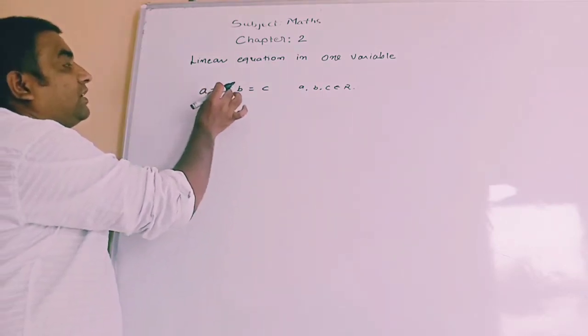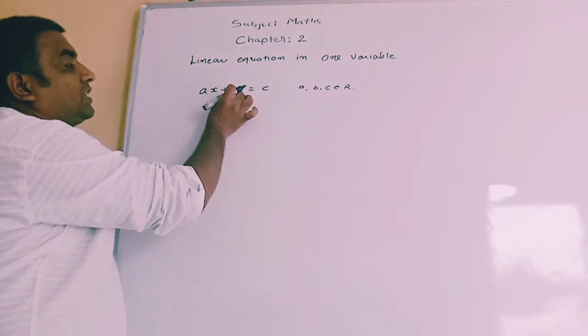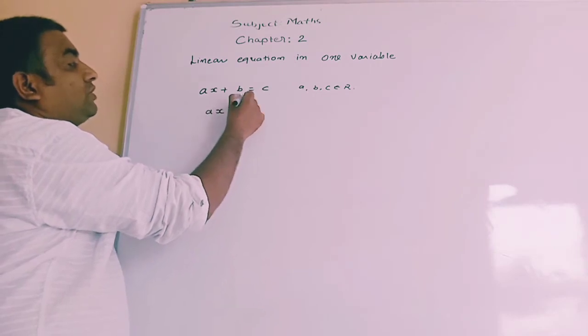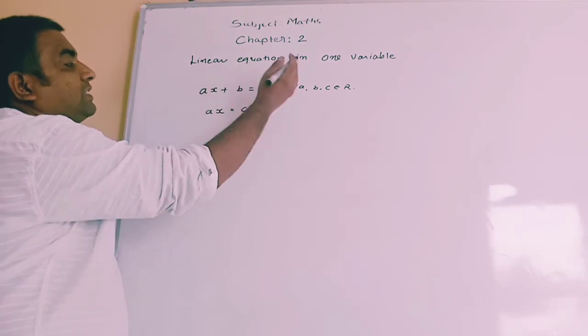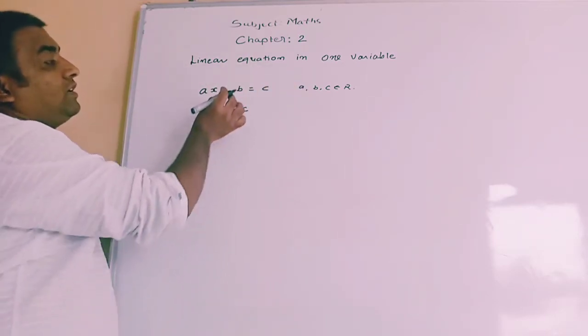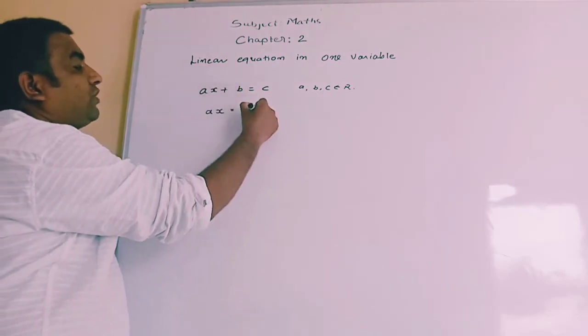So first here plus b is there, so whatever value is there we transpose to the other side. So ax is equals to b will go to the other side. Whenever we transfer or transpose a value from left hand side to right hand side, it will change the sign. So here plus sign is there, it will convert into minus sign.